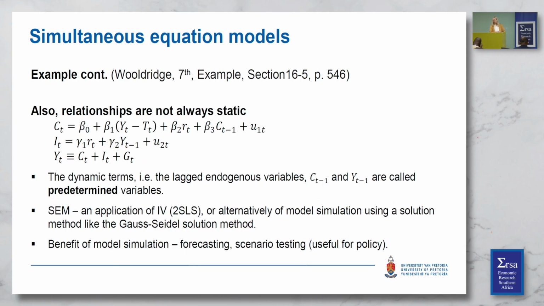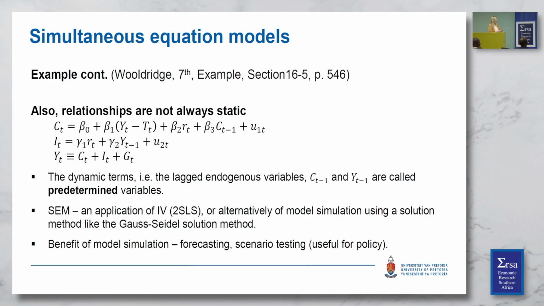Also, relationships are not always static. And again, this is referring to things that we did before co-integration. We would actually have consumption lagged in there.